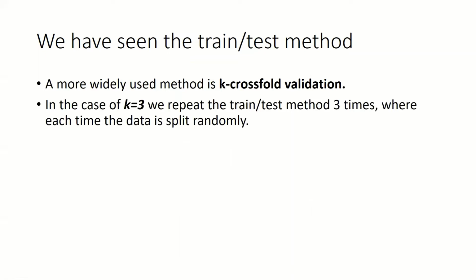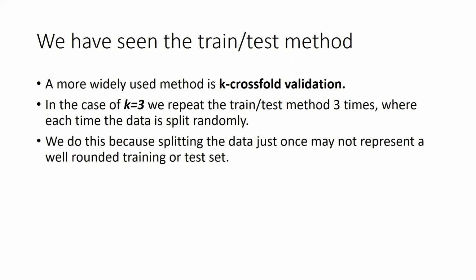It's really simple. In the case of K equals 3, we just repeat our train test method 3 times. So it means we'll end up with 3 randomly chosen training sets and their corresponding test sets. And I said we do this because one training set on its own might not accurately represent the data in a generalized way, because we might take another random sample and suddenly the picture looks a lot different.